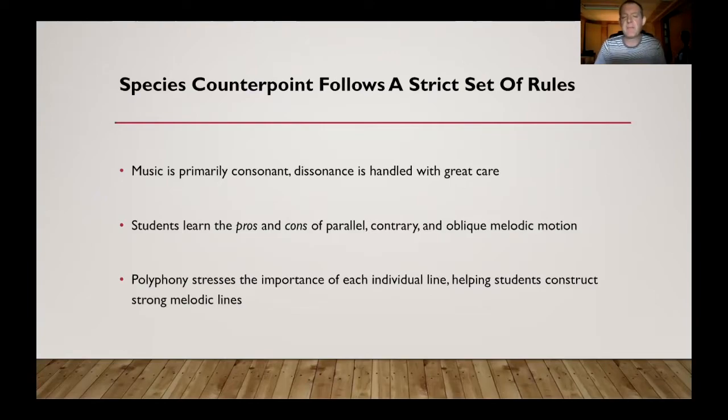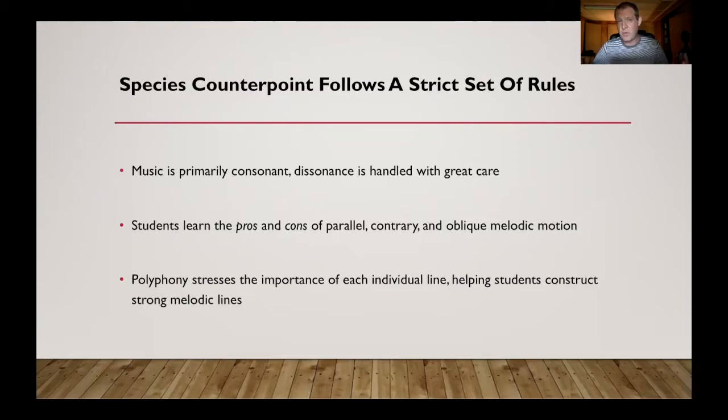Polyphony stresses the importance of each individual line, helping students construct strong melodic lines. Now, this is polyphony. We have to understand exactly what that means. Take the word poly and phony. Poly meaning many and phony meaning sound. So we have many sounds and they're put together, but they are their own individual line. And that's how, as a composer, one should think: these lines should be beautiful on their own.